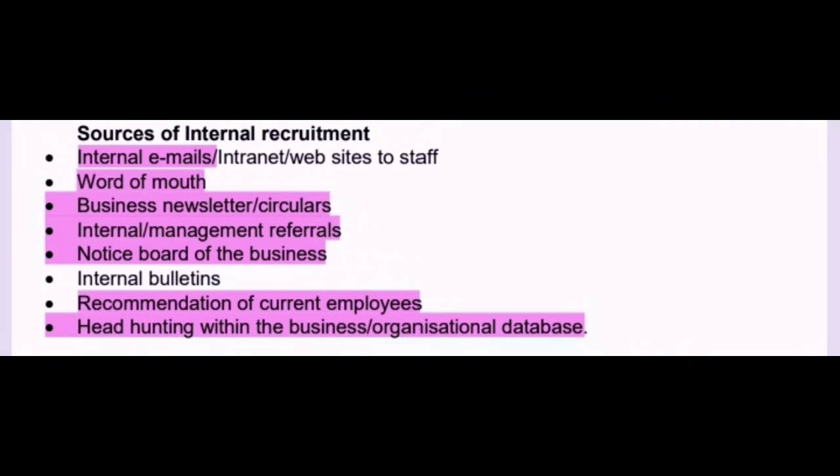Number six, head hunting within the business or organization database, which means they will be looking at how many employees we have and which one can be the best candidate for the appointment or for the vacancy that is open.